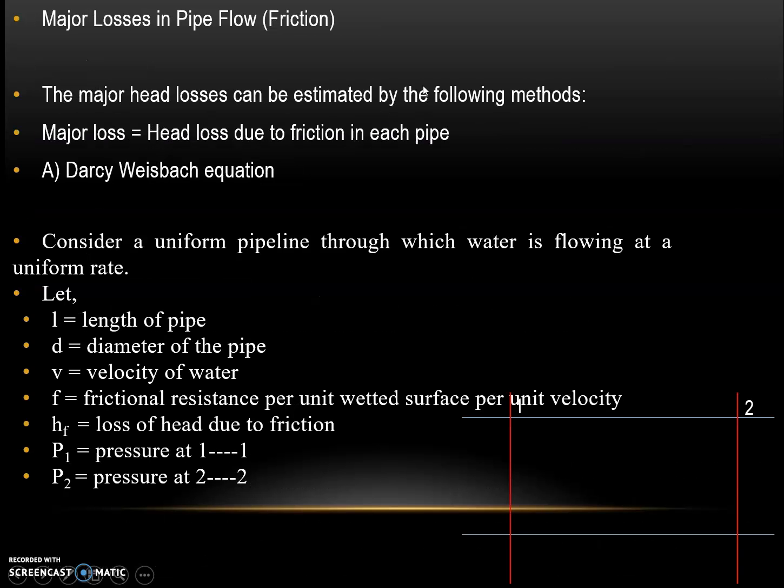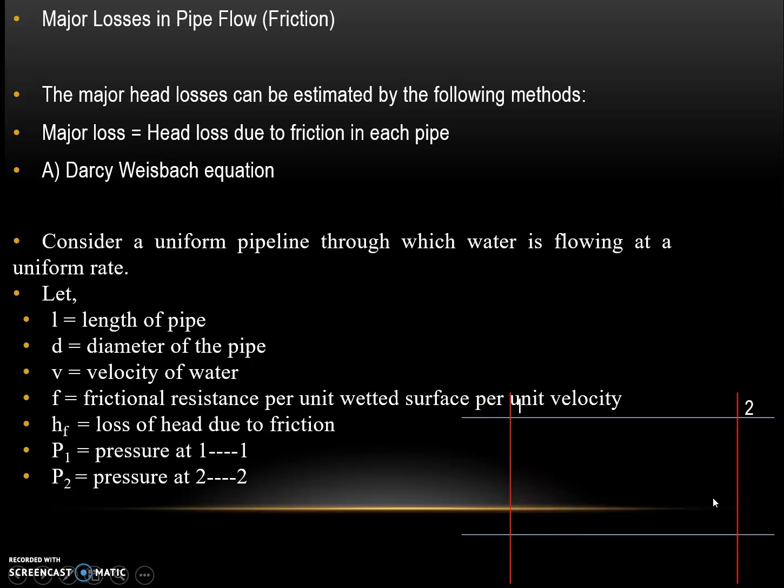The major head loss can be estimated by the following method. Major loss is equal to head loss due to friction in each pipe. So, we will derive Darcy-Weisbach equation. Consider uniform pipeline through which water is flowing at uniform rate.